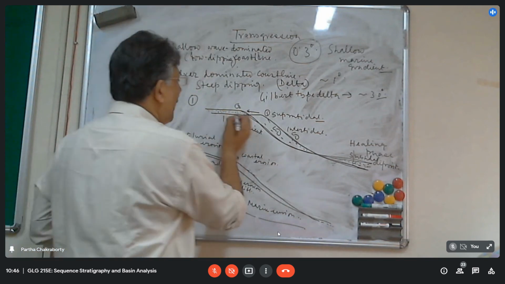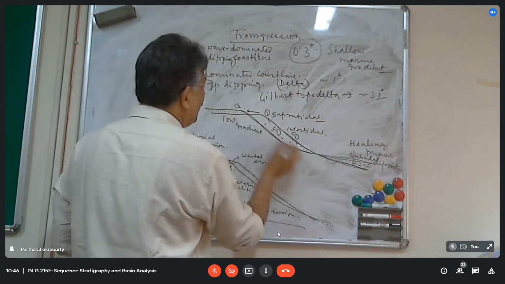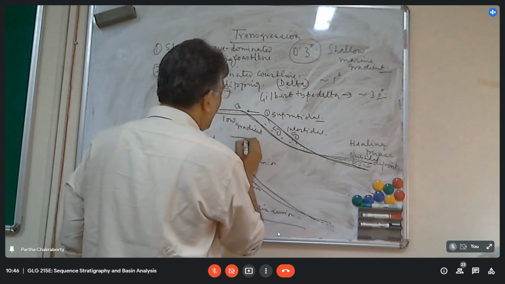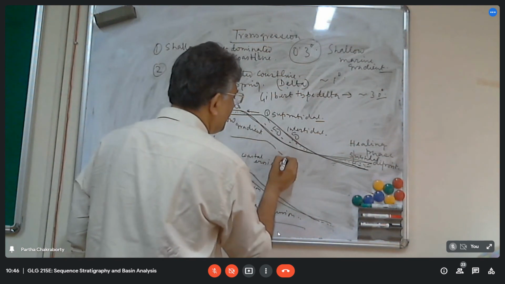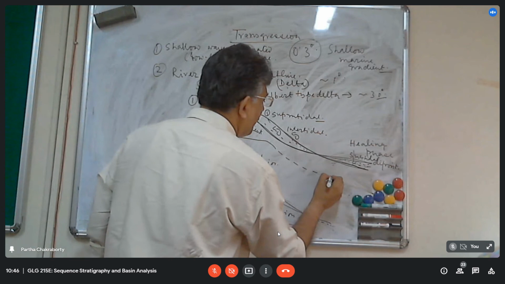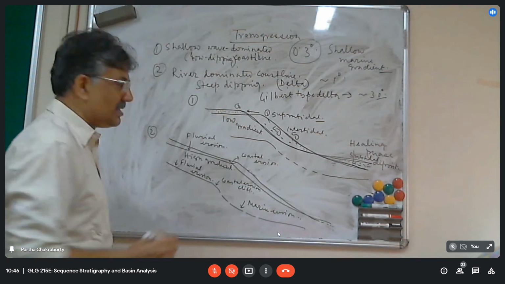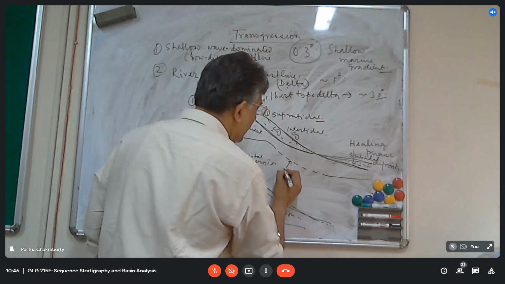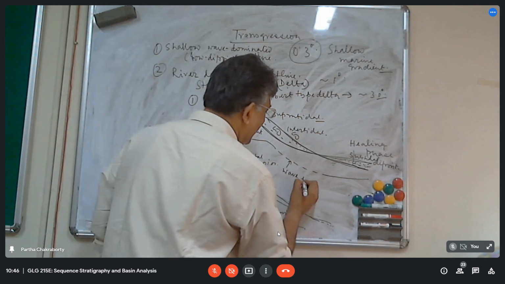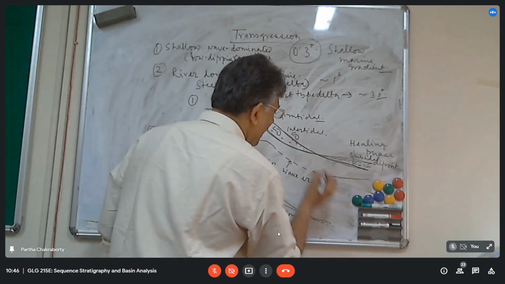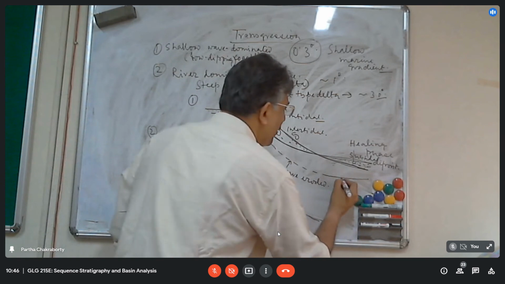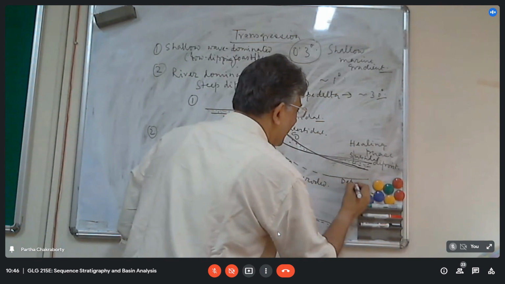So finally, after this, the new coastline will be like this. Now this portion is wave eroded, but this portion is depositional.